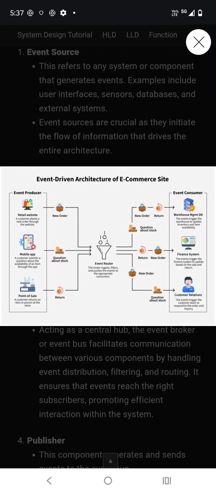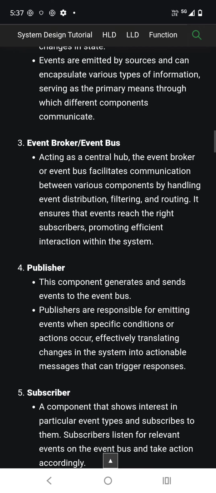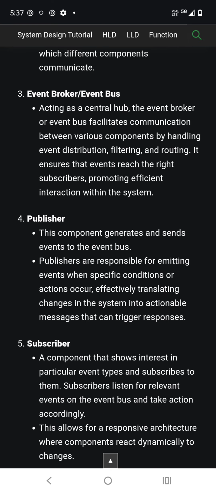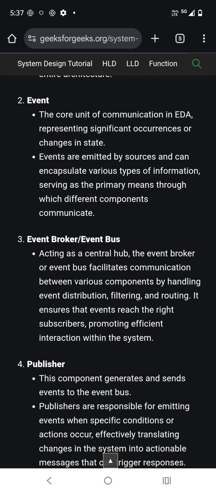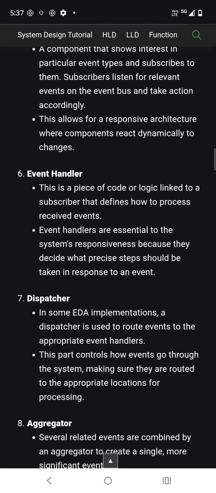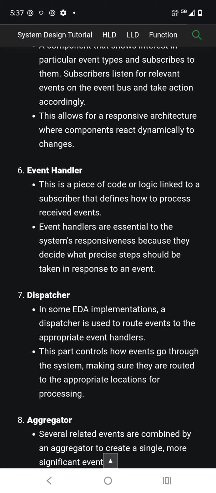Generally what I'm telling is that a publisher will publish some message based on an event and a subscriber will subscribe to that. The event broker is acting like a central hub. The event broker, or event bus, facilitates communication between various components, handling event distribution. You can always think of this in a post office kind of style.